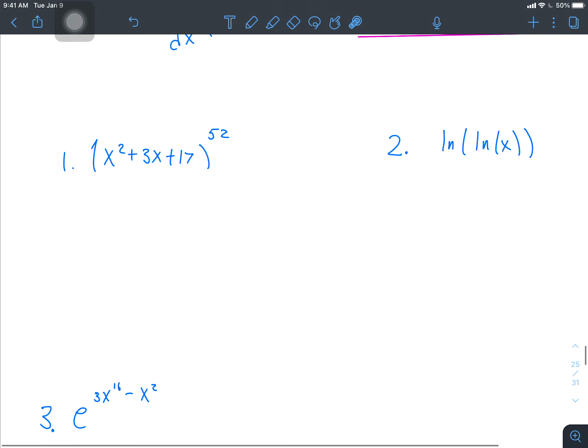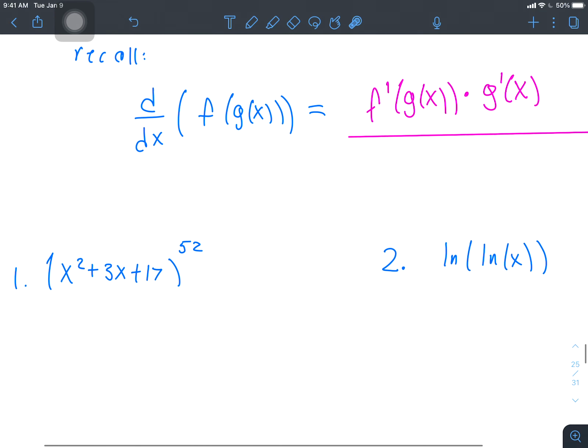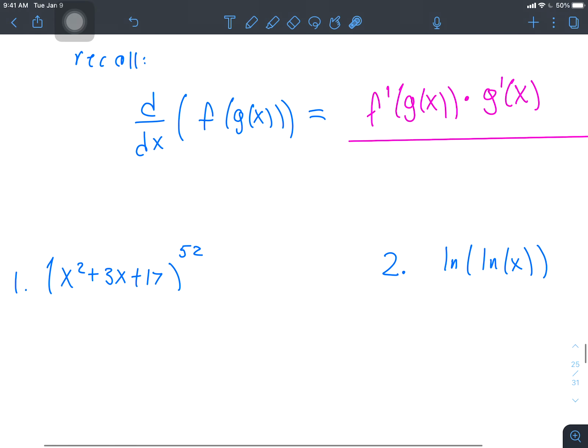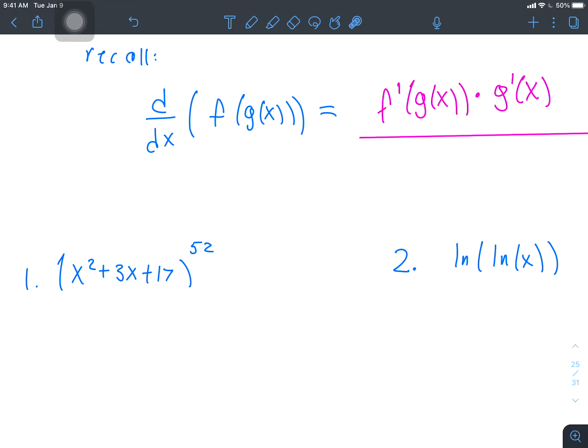So let's start with the first one. If I want to apply the rule, I want to identify what is the innermost function and what is the outermost function, okay? There are two ways of doing this.